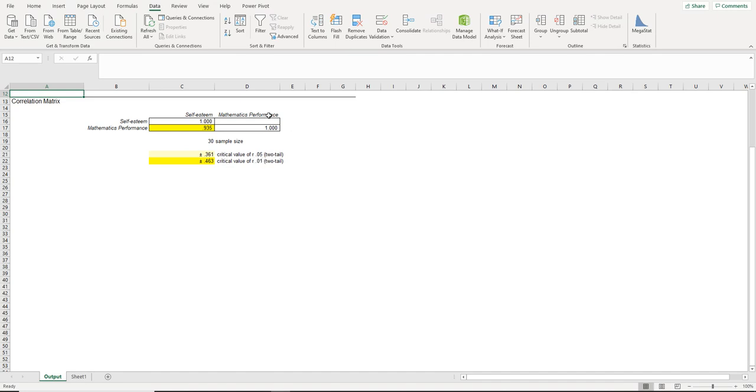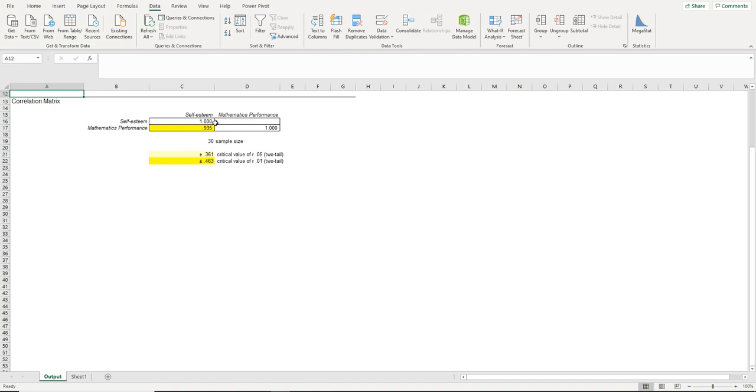If the results in the correlation matrix have no highlight, meaning it's not yellow or light yellow, it's just white, that means it's not significant at the 0.05 or 0.01 level of significance.